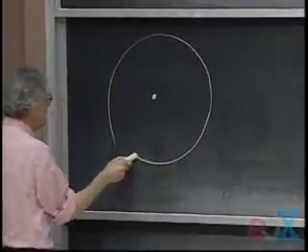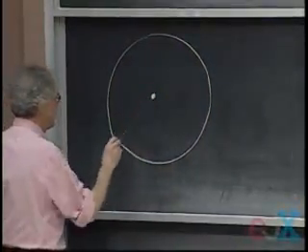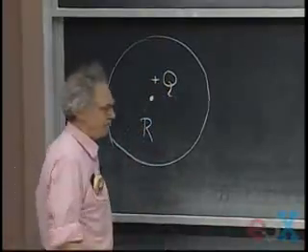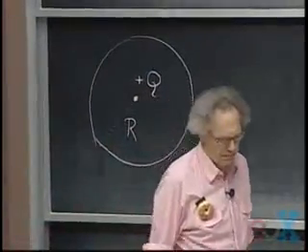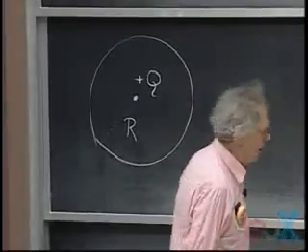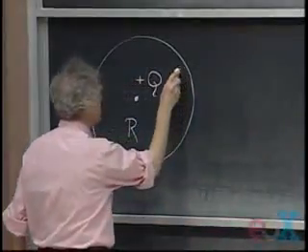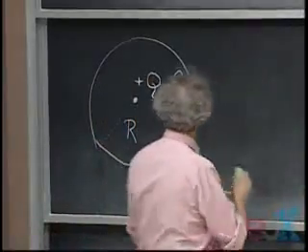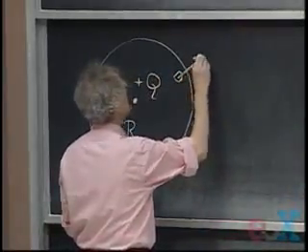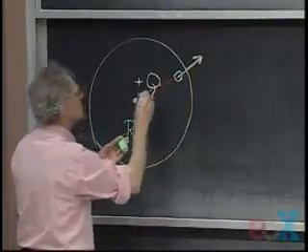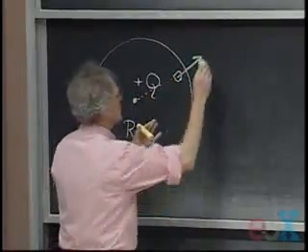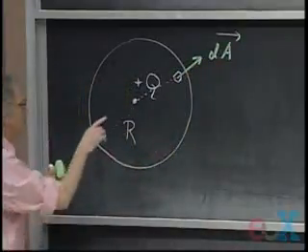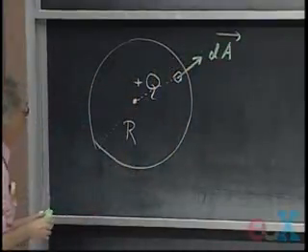It is a sphere, and the sphere has radius capital R. And let this charge be plus Q, just for simplicity. Well, I pick a small element dA here, and that element dA is radially outward. dA, this is the normal to that surface, so that is radial.